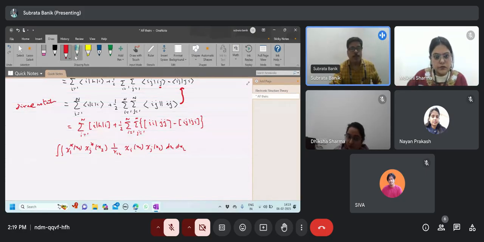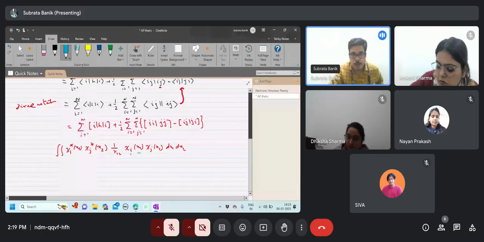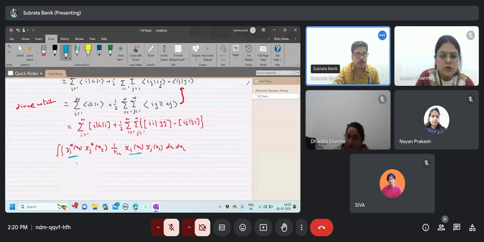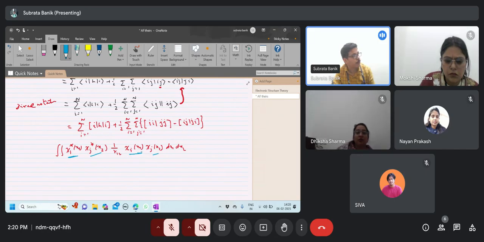You see this one: this chi_i comes with x1, this chi_i star comes with x1. So I am writing ii. This comes with x2, this comes with x2. I write with jj. Here you can see the exchange part, this will be chi_j x1. Right? In the exchange part, the orbitals get interchanged. So I get chi_j x1. I am writing it as ij. Right?